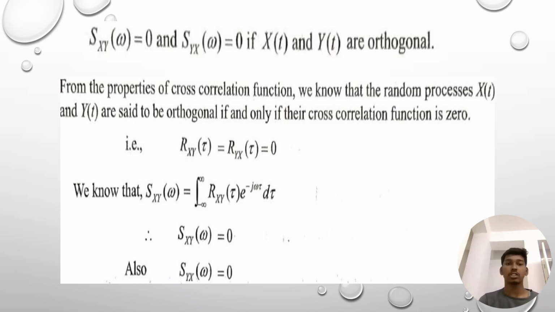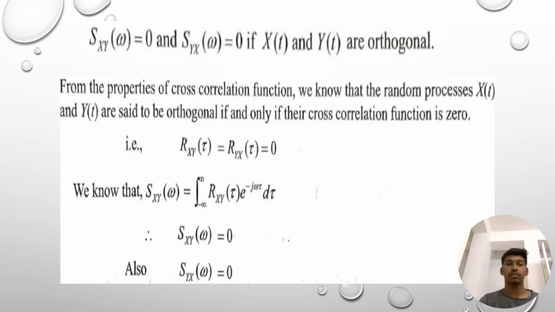From the properties of the cross correlation function, we know the random processes x of t and y of t are said to be orthogonal if and only if their cross correlation function is 0.